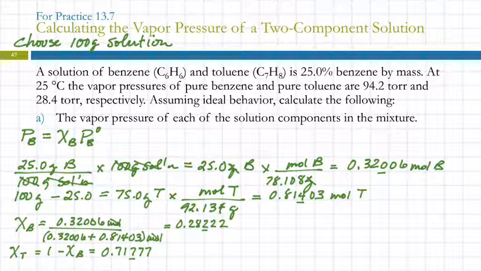So now I can find the pressure of benzene. That equals the mole fraction of benzene, 0.28222, times the vapor pressure of pure benzene. And those are listed in order, benzene and toluene.